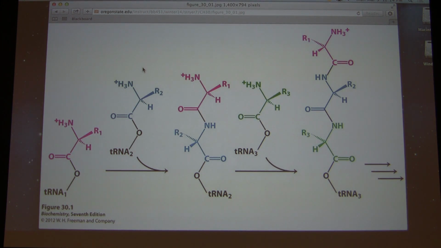Let me repeat that. Amino acyl, ACYL, tRNA synthetase. Amino acyl tRNA synthetase catalyzes the linkage of a tRNA.